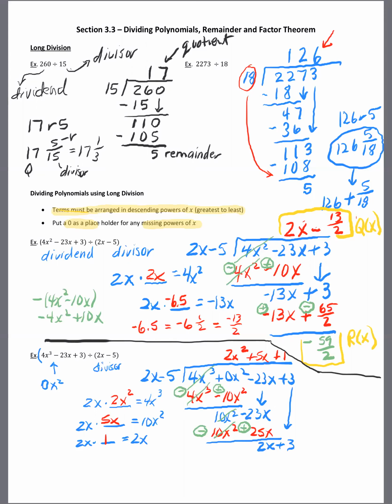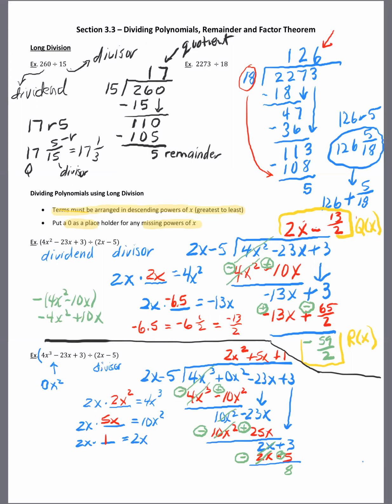And so now if I multiply the divisor by 1, then you'll end up with a sign change now. This is now a negative 2x. This is now a positive 5. And so a positive 3 and a positive 5 will be positive 8 as our remainder. The 2x did add up to be 0. And so now we have a remainder of 8.